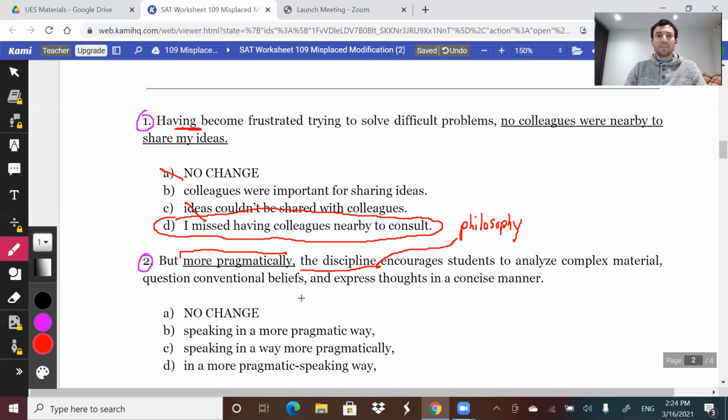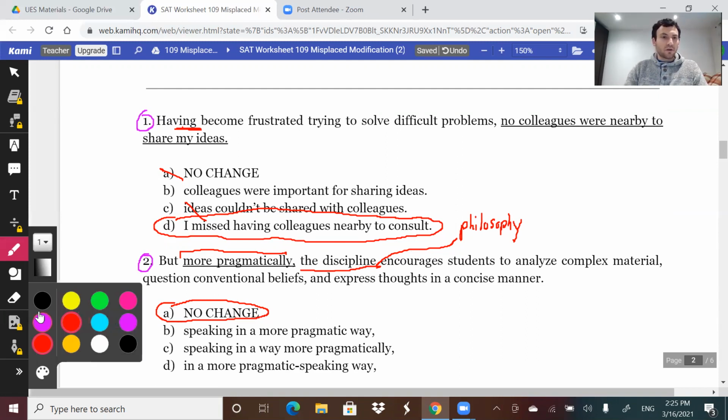So we have: but more pragmatically, the discipline encourages students to analyze complex material, question conventional beliefs, and express thoughts in a concise manner. So this one is A. Pragmatically is being used to describe the discipline. It's a pragmatic or a practical or logical discipline.